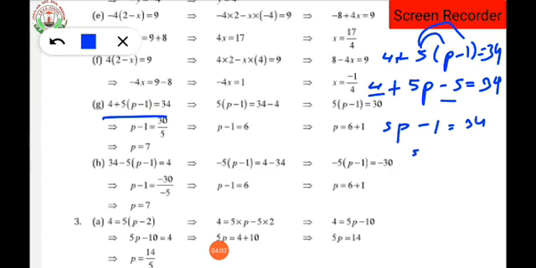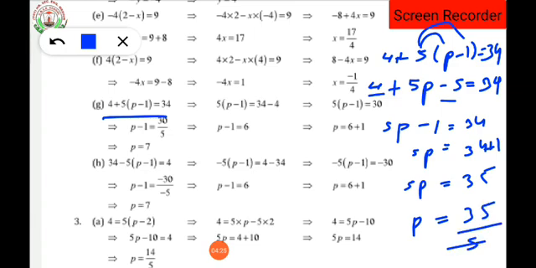Now 5p equals 34, and when transposing minus 1 it becomes plus 1. So 5p equals 35. Understood? Now p equals 35 divided by 5. 5 sevens are 35.